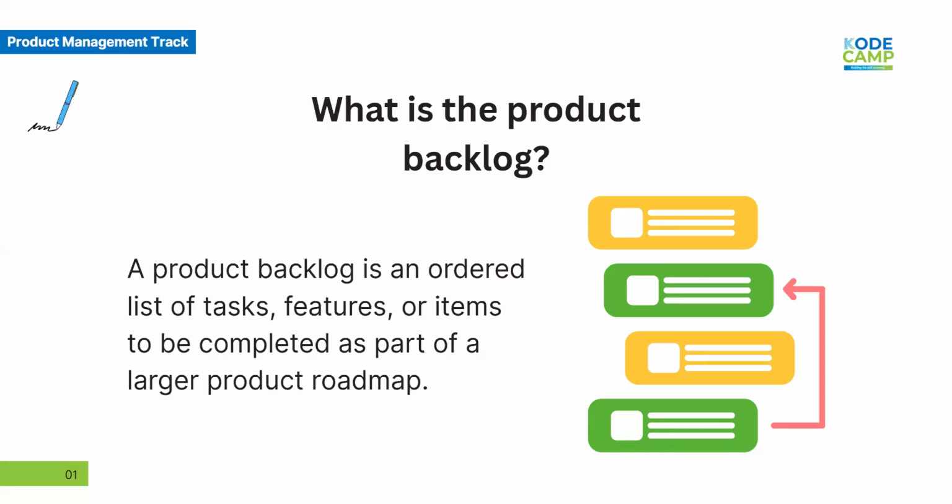So what is the product backlog? Let me put it in the simplest words. The product backlog is the place where all your product's work lives. It's a list, but not just any kind of list. It's a living, breathing direction of your product broken into pieces. Not only does it hold your current work, it also holds your future plans, your ideas, your rough notes, your must-haves, and your not-yet-sures.